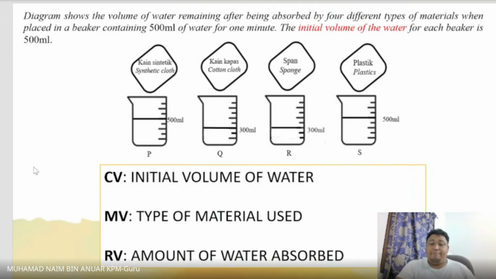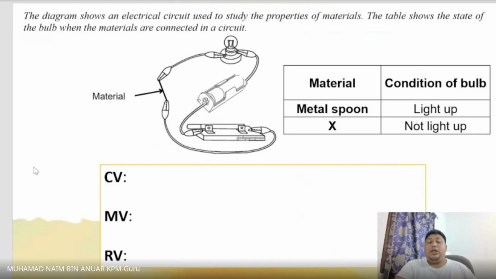Okay, now next question. The diagram shows an electrical circuit. You know what? Do all CV, MV, RV like this. CV equal to what? RV equal to what? MV equal to what? Okay, let's see who gets the answer for this.